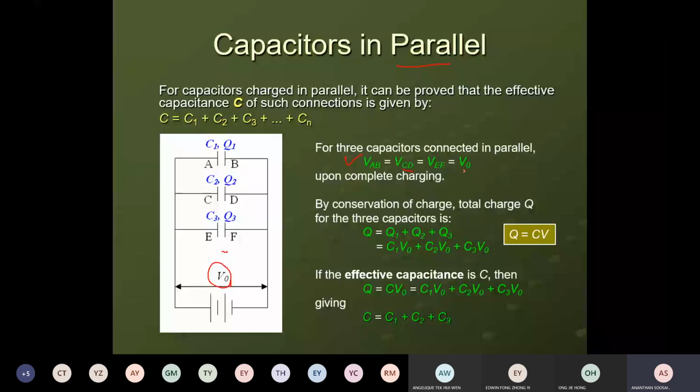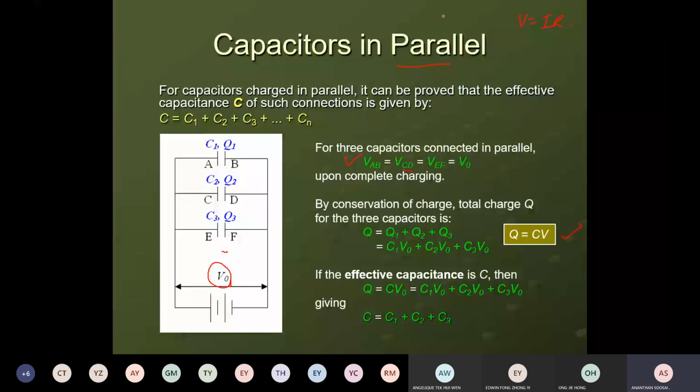The second law: by conservation of charge, the total charge Q for the three capacitors is the sum of the charges. Last time for resistance, V equals IR. Now what's the formula for the capacitor? Make V the subject.